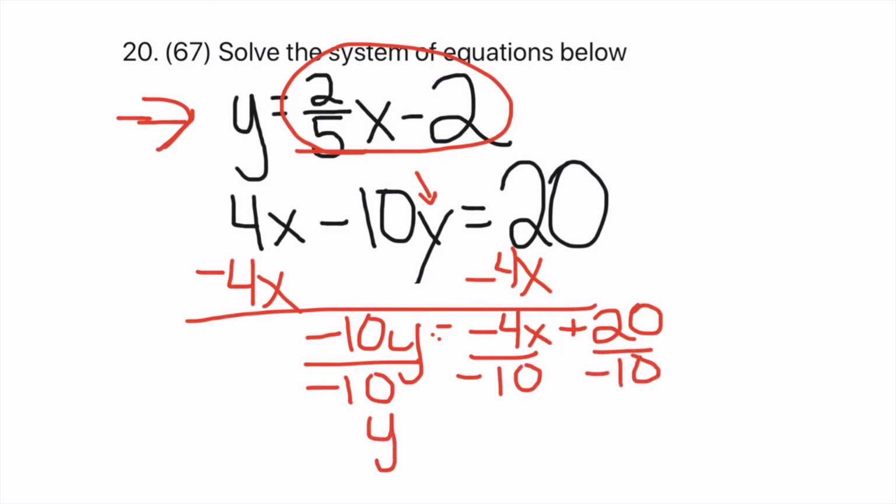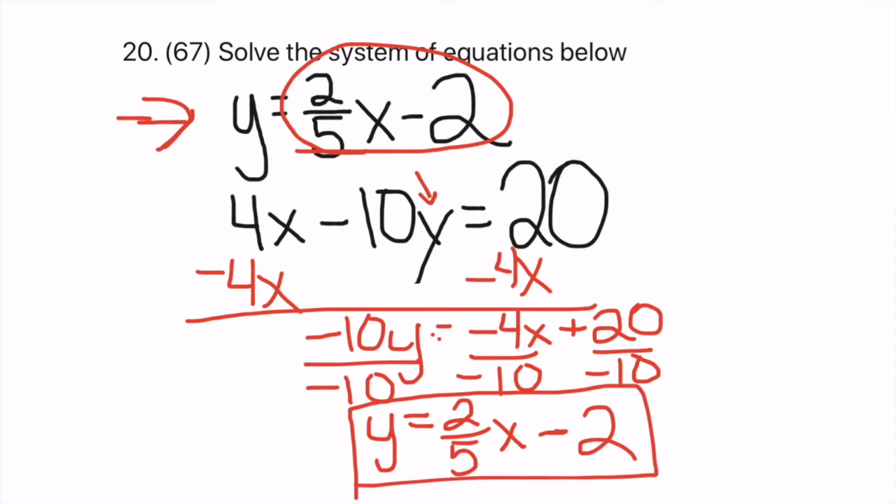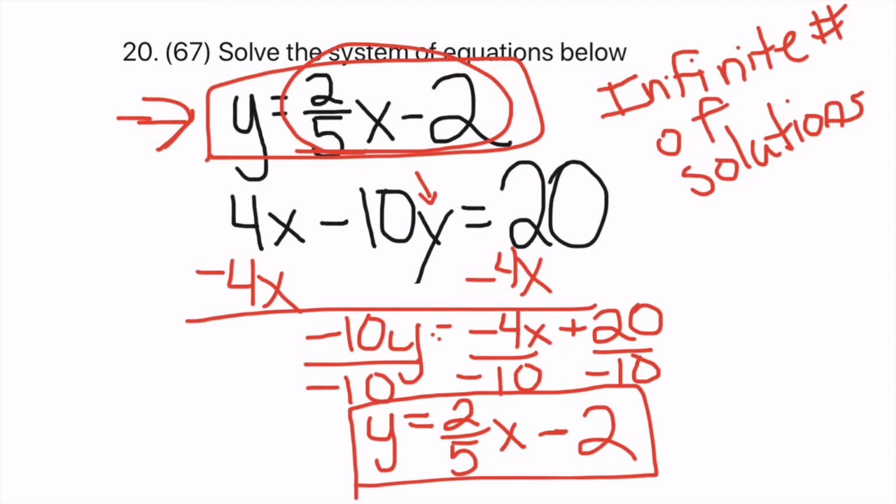And we get y equals positive 2/5, because it's a negative 4 and negative 10, minus 2. Notice these are the exact same lines. Therefore, anything you plug in for x and y is going to be a solution for both of those. So your answer would be infinite number of solutions. And that is the end of test 14.